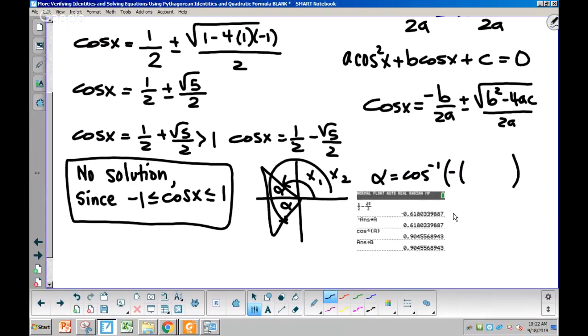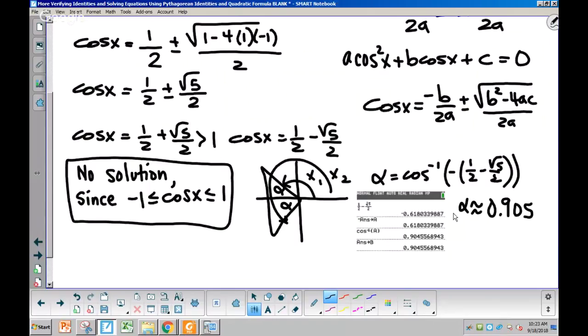I went negative of 1/2 minus root 5/2, didn't I? Is that what I put in the calculator? So what is alpha approximately? 0.9. Approximately 0.905. I'll just say 0.905 roughly.